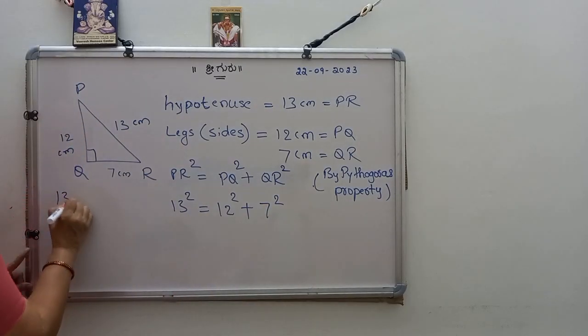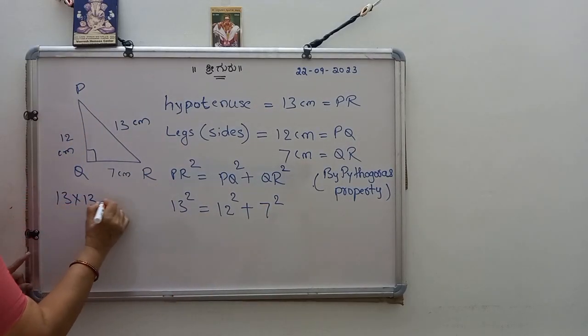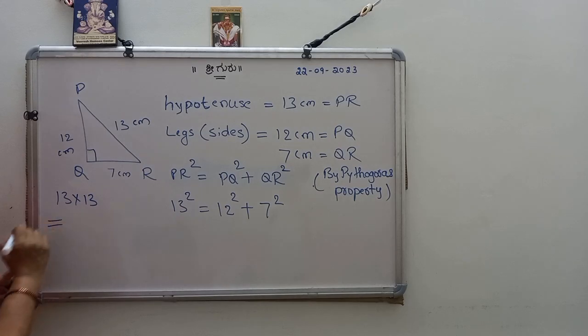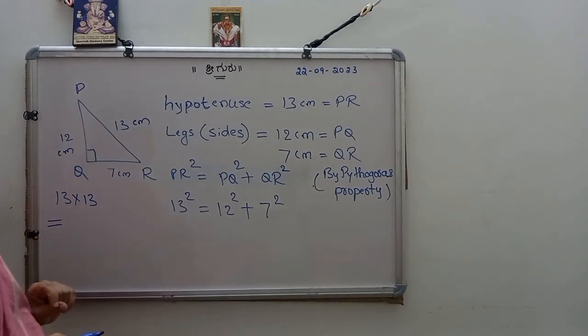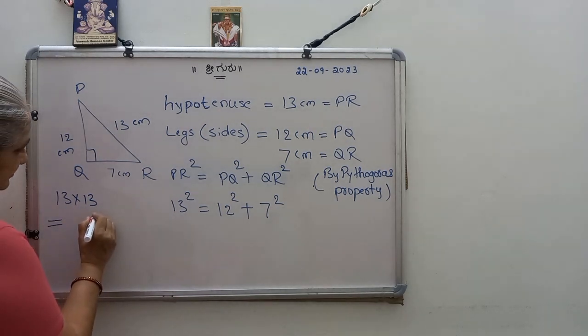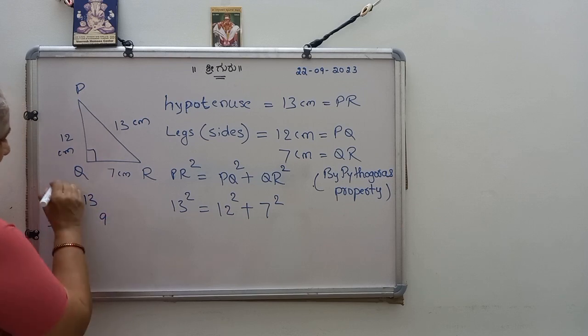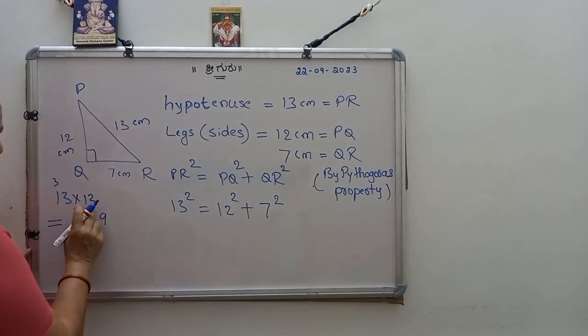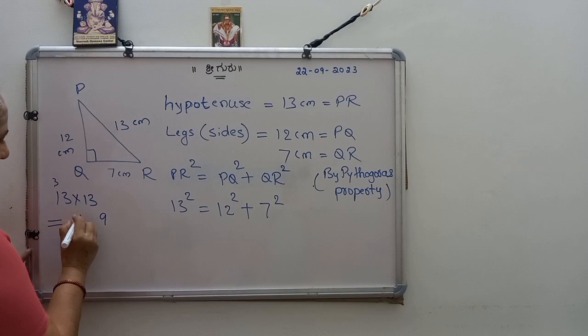13 square, you can multiply and get: 13 threes are 39. 3 carry. 13 ones are 13 plus 3, 16.